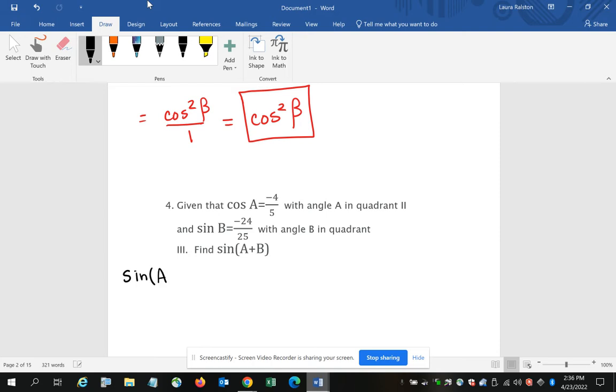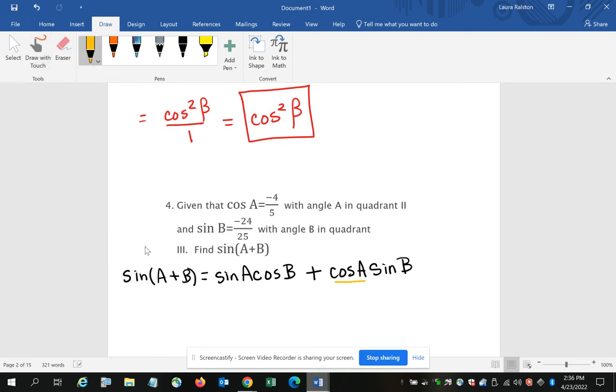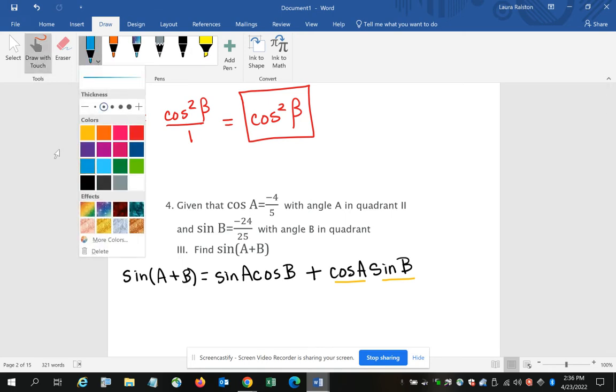The sine of A plus B is the sine of angle A times the cosine of angle B plus the cosine of angle A times the sine of angle B. If I think about what I'm given in this problem, I'm given cosine A and I'm given sine B. But I also need the sine of A and the cosine of B. So I have to do a couple of preliminary steps.